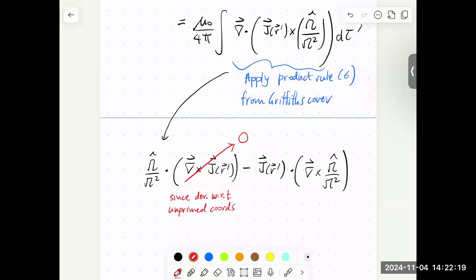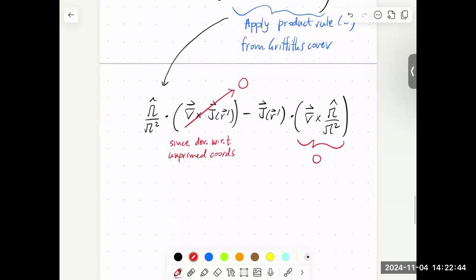It mixes up the different components. You never have in a curl the r derivative of the r component. But this vector has only components in the radial direction, and they don't depend on theta or phi at all. And so all of these derivatives are going to be 0. So this one is going to be 0.